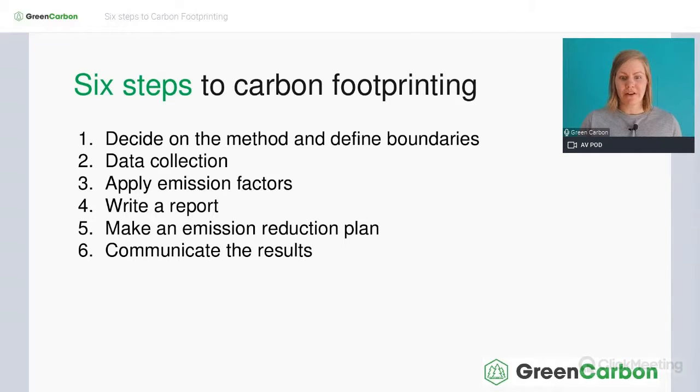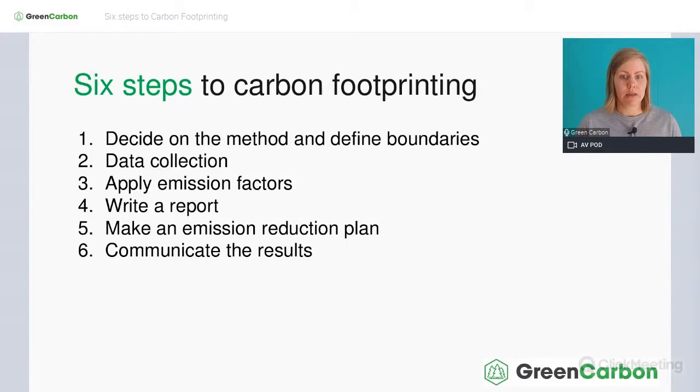So that was a quick introduction to carbon footprints in the business sector, let's say. And now I will go through the process of carbon footprinting. Here you can see the 6 steps. After this, I will go through each step more closely, but now I just read through them so you get the overall picture.